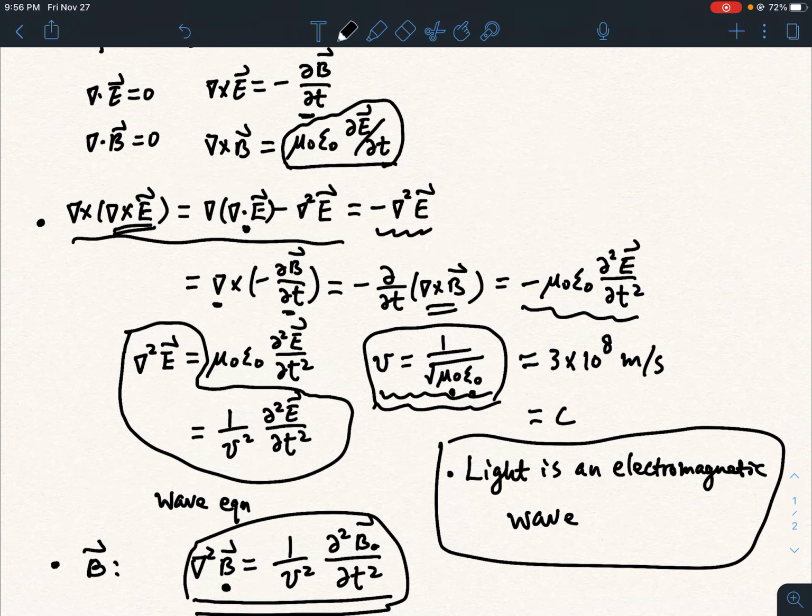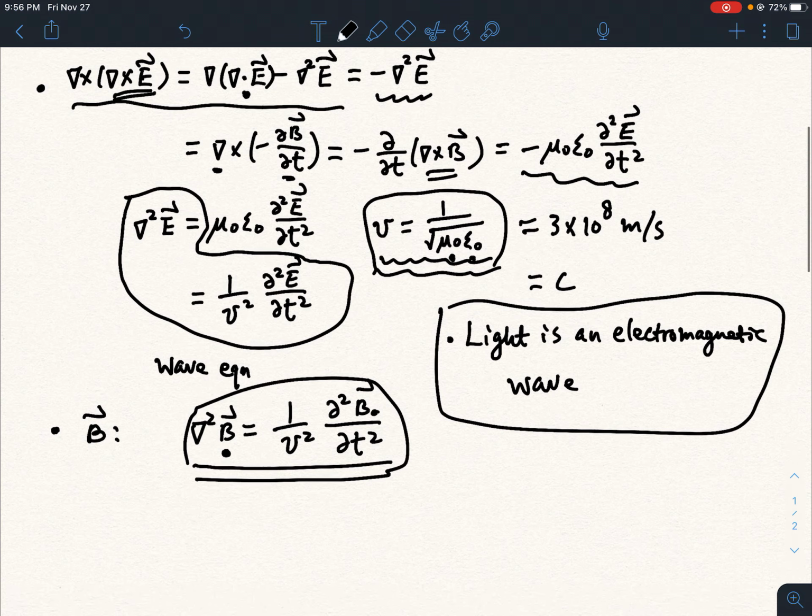If the displacement current is zero, then we will not be able to derive these wave equations. So you can see that it's really Maxwell's invention of the displacement current that tells us that light is an electromagnetic wave.